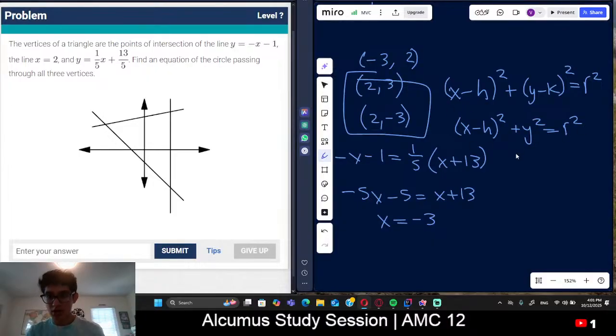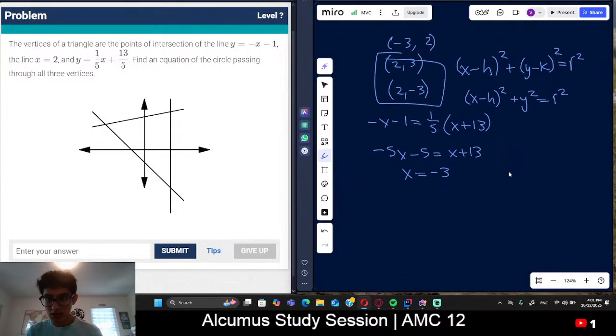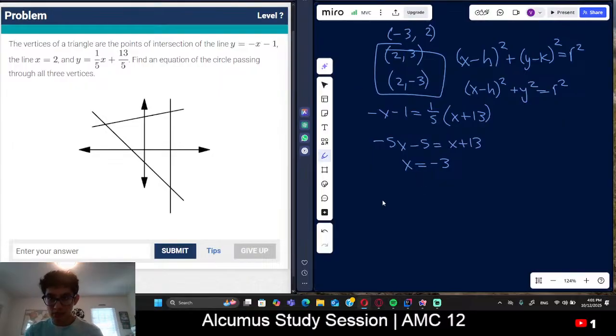And now we can plug in these points. And what we'll see is that negative 3 minus h squared plus 4 equals r squared. So this is using this point. And now we can use 2 comma 3 to get 2 minus h squared plus 9 is equal to r squared.